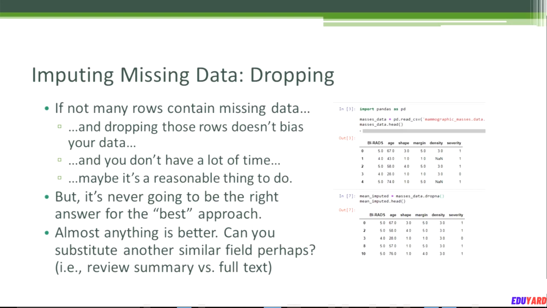The other thing too is that you want to make sure that dropping the rows that have missing data does not bias your data set in some way. What if there is an actual relationship between which rows are missing data and some other attributes of those observations? So for example, let's say that we are looking at income again. There might be a situation where people that have very high or very low incomes are more likely to not report it.